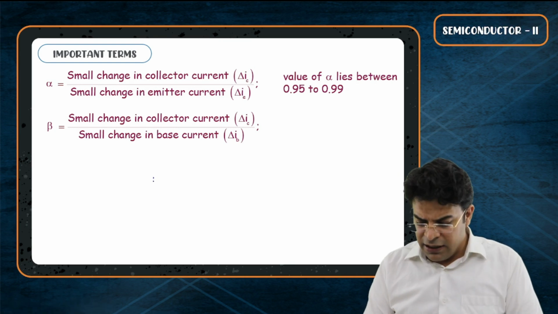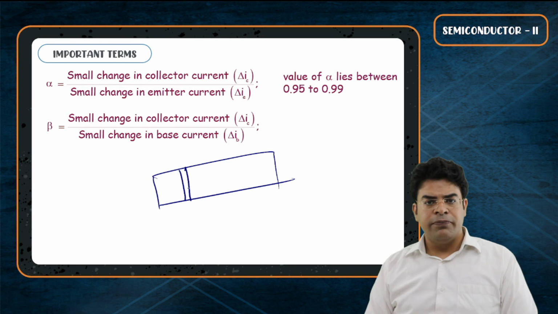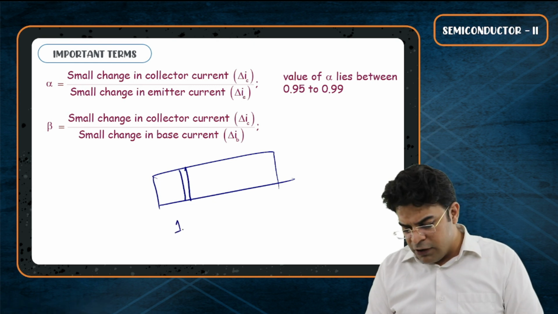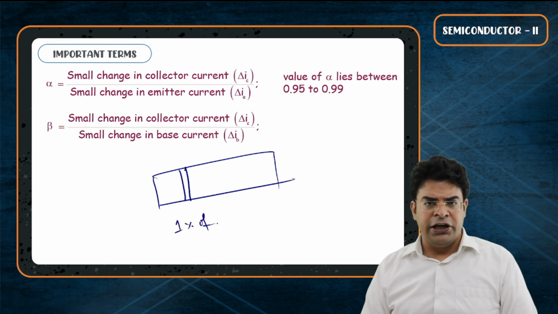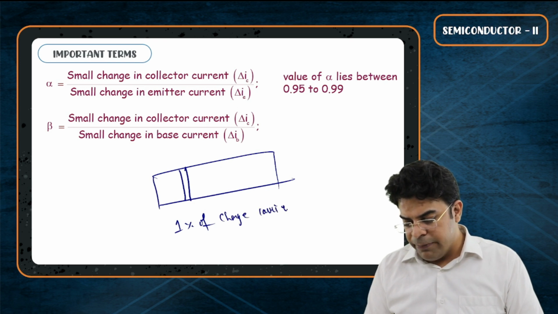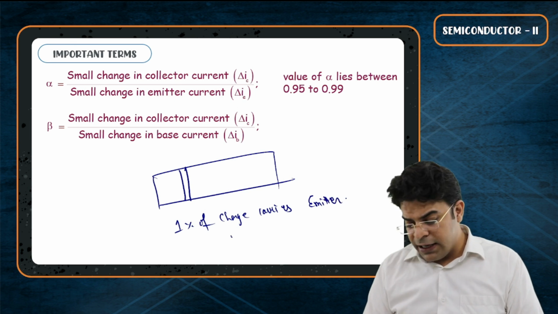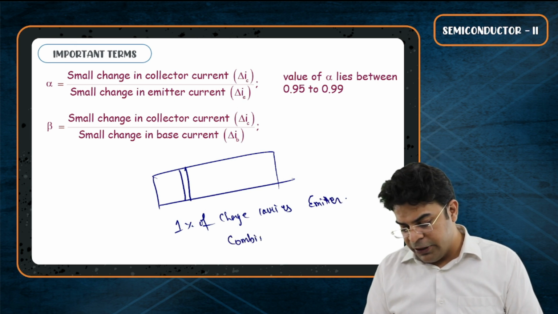Now beta, if I ask you a simple question, you have got this transistor. If I tell you that 1% of the charge carriers emitted by the emitter recombine at base, what can you say out of it?